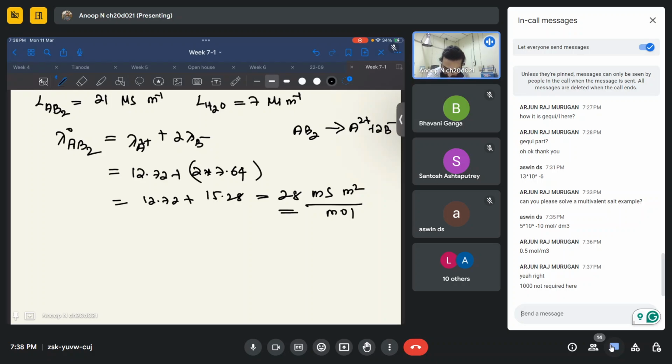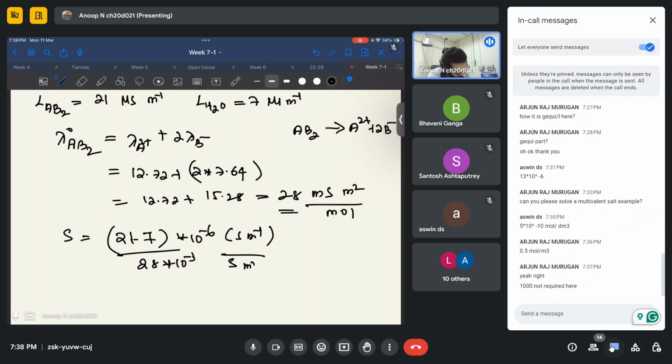Once the value is got, we can write S is equal to 21 minus 7 into 10 raised to minus 6, I am converting to Siemens, divided by 28 into 10 raised to minus 3. Here also I am converting it to Siemens. So here it is Siemens per meter, and here Siemens meter square per mole.